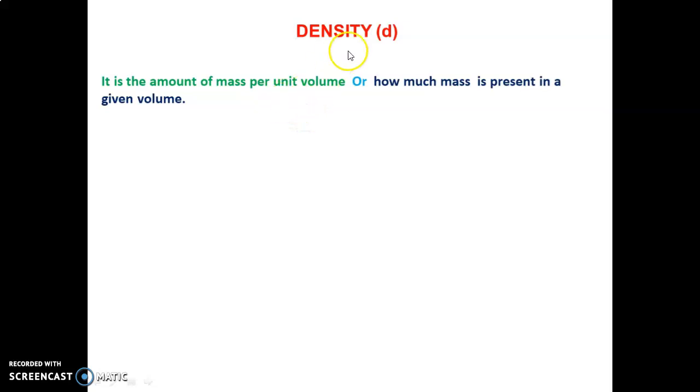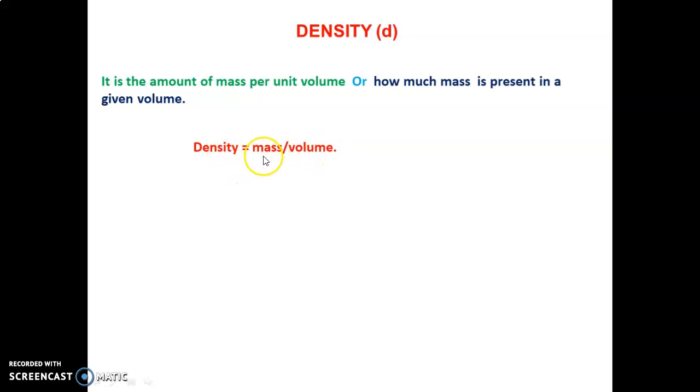What is the unit of density? Mass by volume. In the SI system, the unit of mass is kilogram and the volume is meter cube. So kilogram per meter cube is the unit of density.